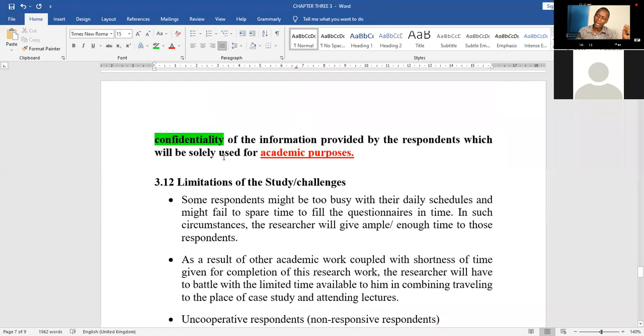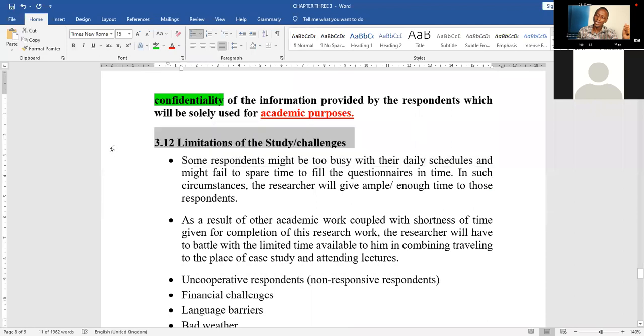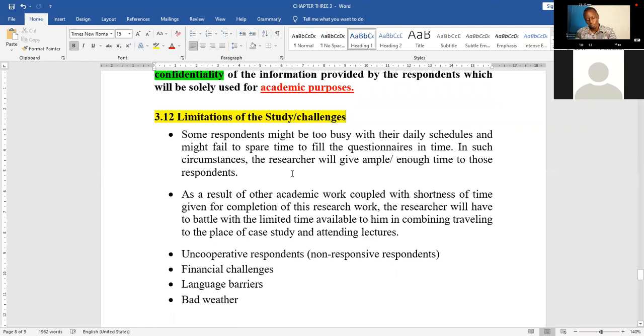Then after that, we are going to go to another item, which is limitations. Unless you have any questions, is there anyone with a question? If there's something that you don't understand, please ask me. Is there anything that you are not understanding?